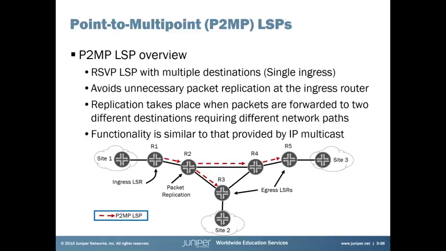We can have point to multipoint LSPs as well, with multiple destinations, single ingress, multiple egress. Now, when we get into multicast, we'll spend a bit of time on multicast. We'll see a lot more about how this works. This is packet replication happening at R2.